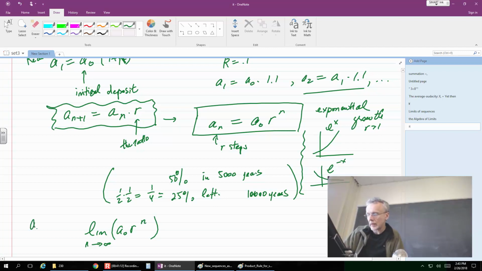So we assume that a naught is not equal to 0, otherwise we do have a constant. So once again, what options do we have when n goes to infinity? What happens under this exponential growth decay model? So what possibilities do we have?